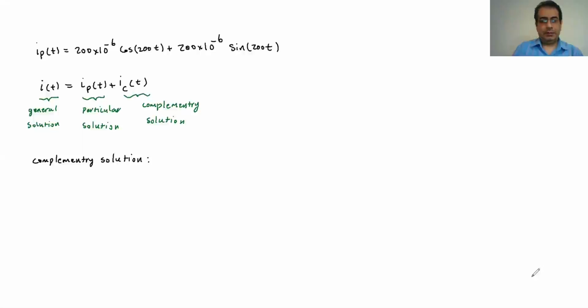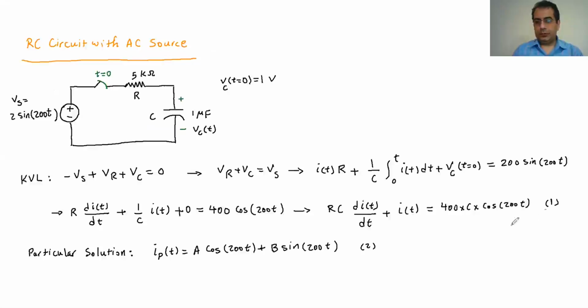So if I go back here, if this is equation 1, if we remove the source, then the complementary solution is the one that satisfies that, the solution to that. So basically the complementary solution is the solution to equation 1 without the source.